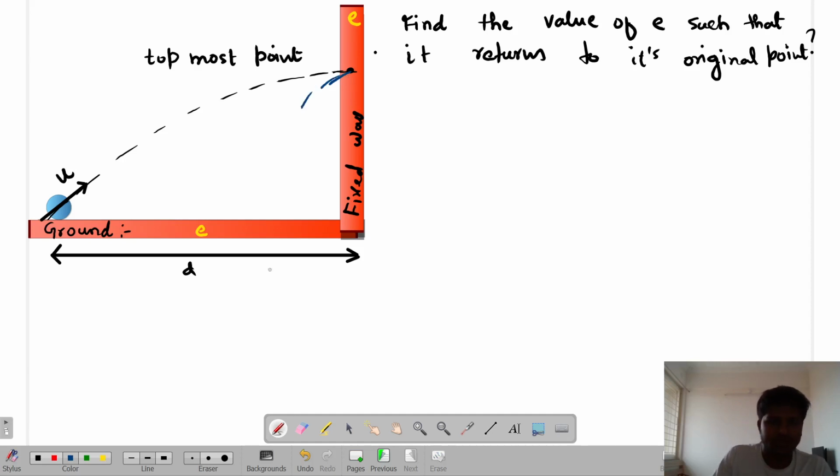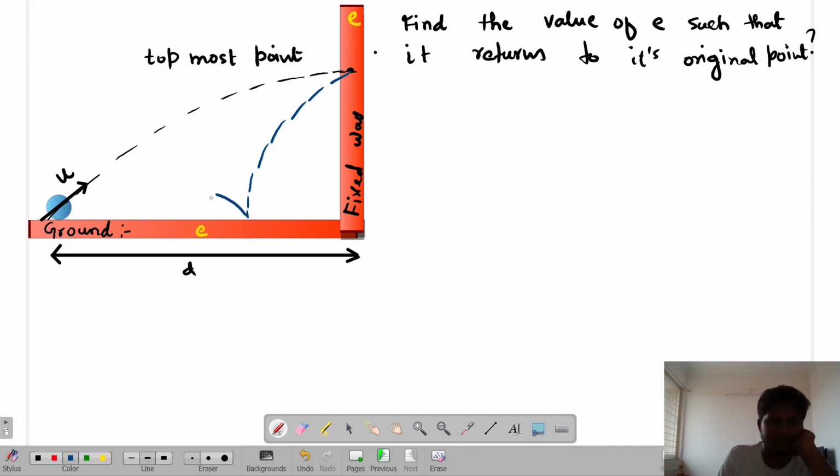So it's not returning. I'm just giving you a hint. It's not returning to its original point using the same path. How it is going is basically it's taking a second trajectory over here. It's falling because velocity gets reduced and it is too much far away.